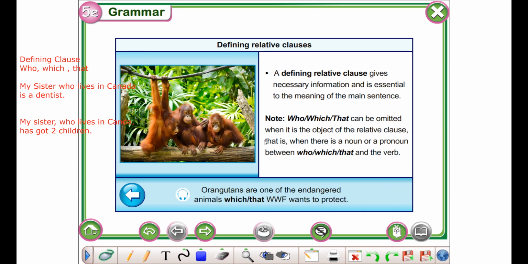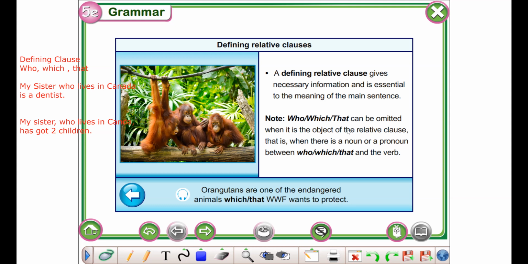Sami, can you continue reading these explanations? The explanations. Defining relative clause gives necessary information and it's essential to the meaning of the main sentence.